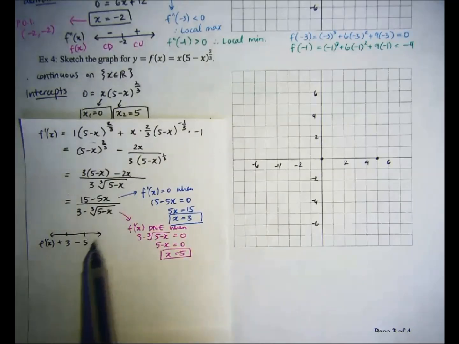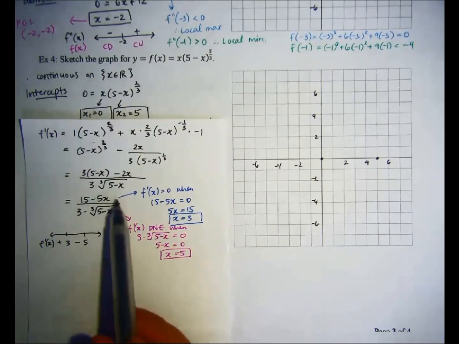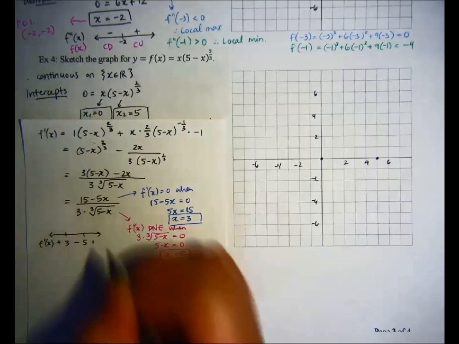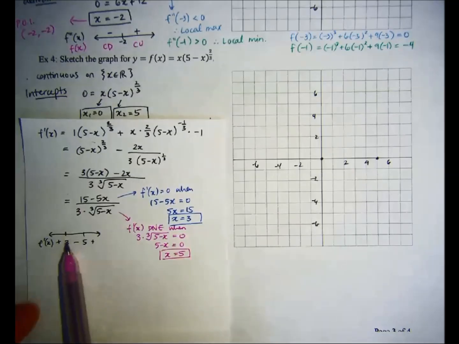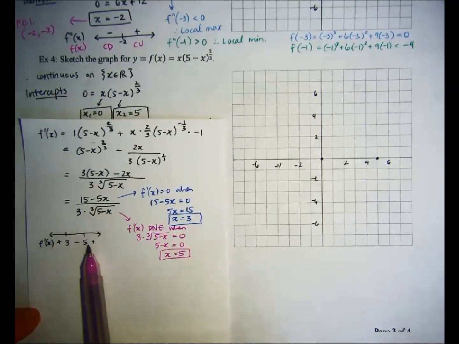A number like 6 and onwards, that's going to be negative, negative, so overall, positive. So this should tell us that we actually have a local maximum at x equals 3, going from positive to negative, and a local minimum at x equals 5.